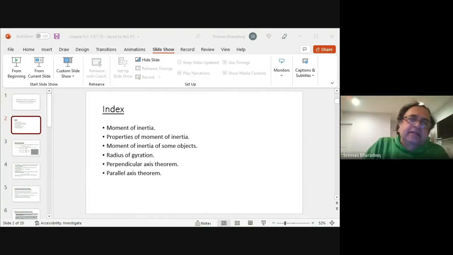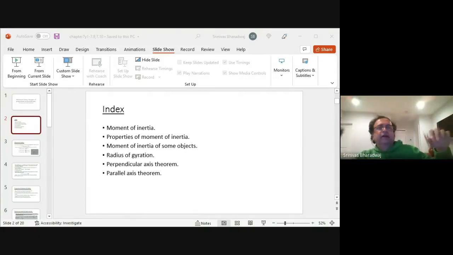But you must understand that a hollow cylinder is just a series of thin rings. For the ring you evaluate MR squared, so the cylinder also becomes MR squared.